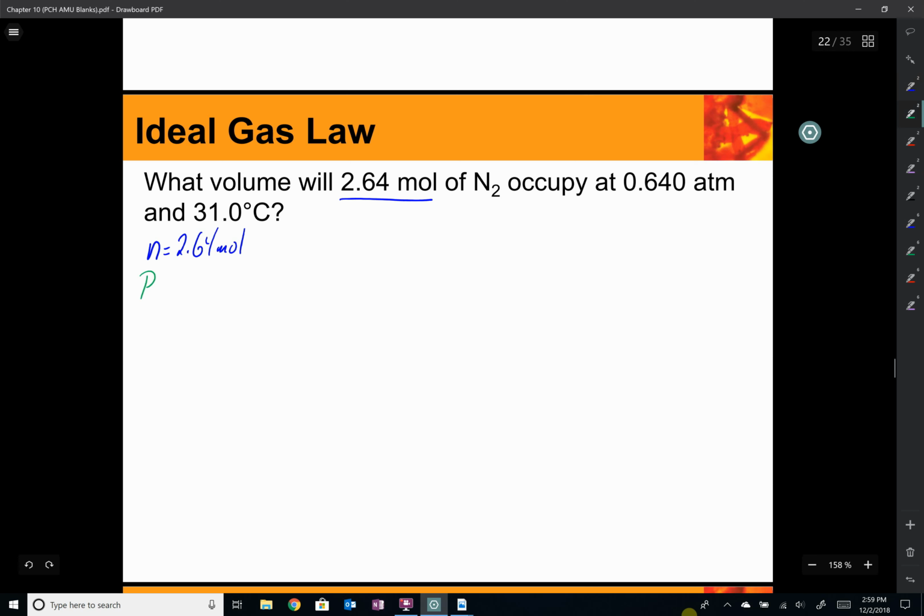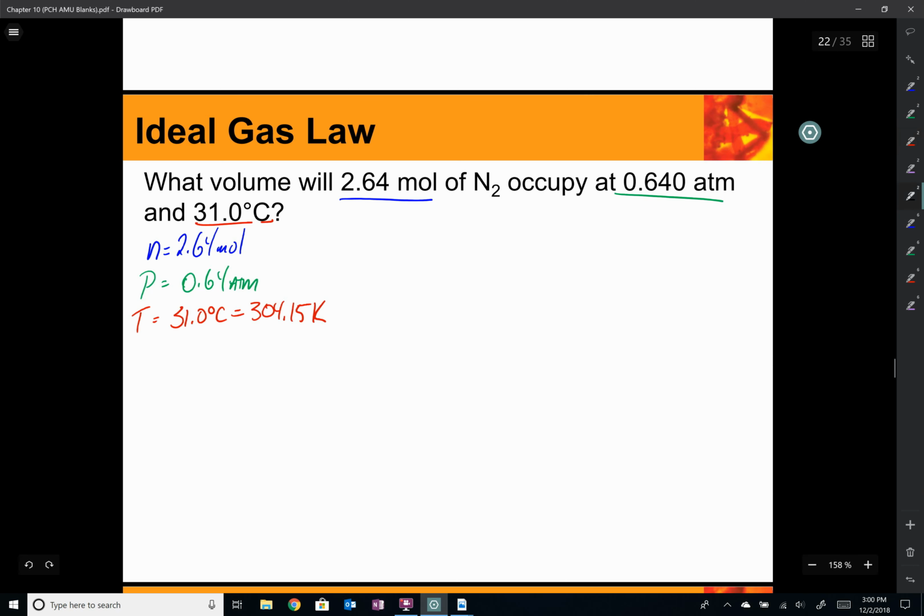We're given pressure, 0.64 atmospheres. We're given temperature, 31 degrees Celsius, which is equal to 304.15 Kelvin. Remember, we have to do everything in Kelvin.